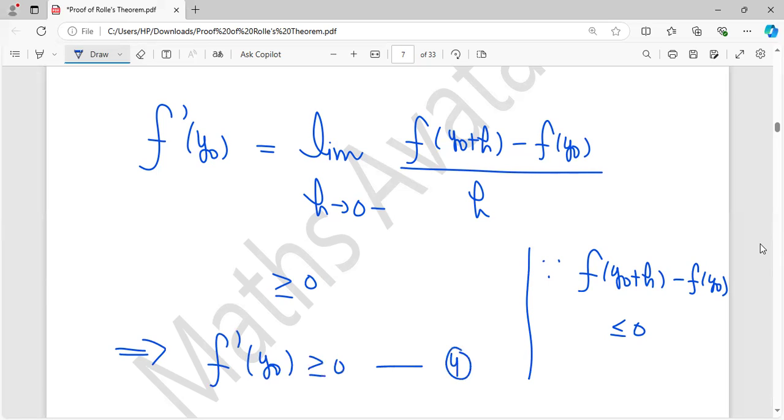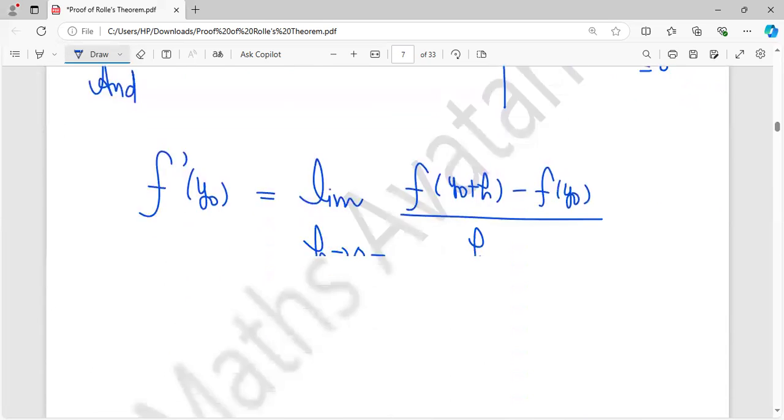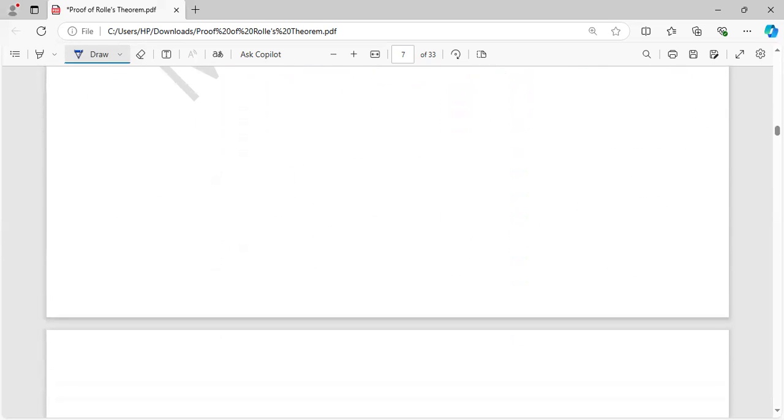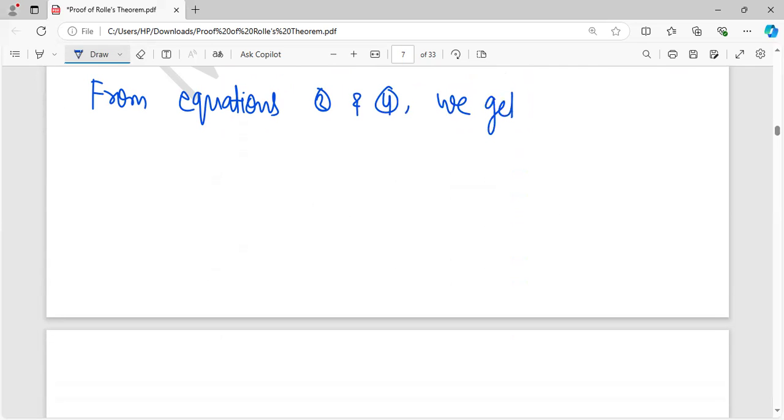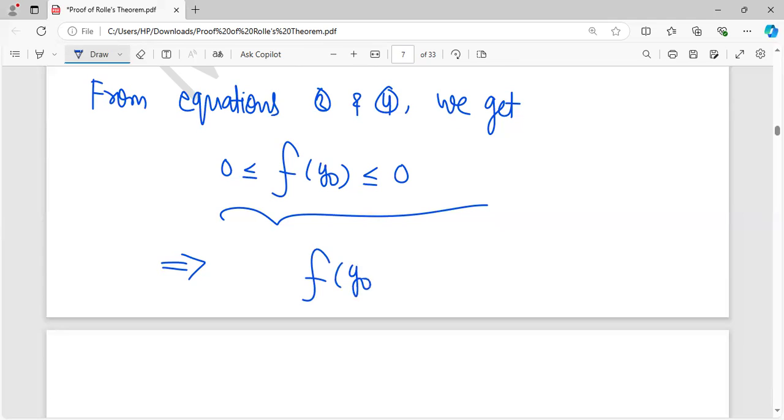That is equation 4. So from equations 3 and 4, what do we have? This is from equation 4 and this is from equation 3. What is the meaning of this? This means the derivative f dash y naught is 0 actually.